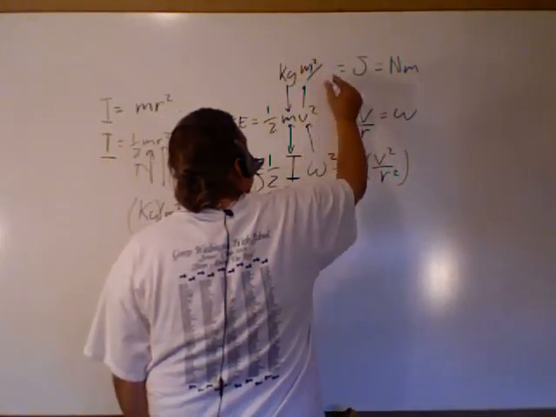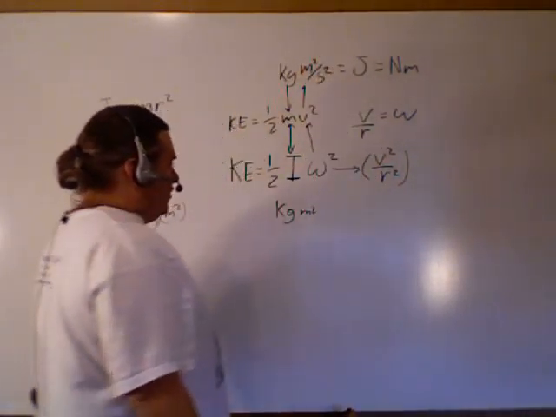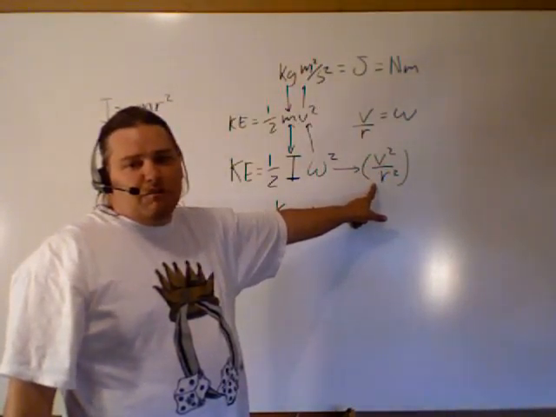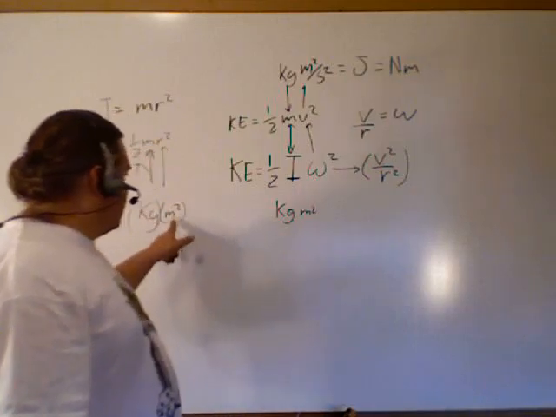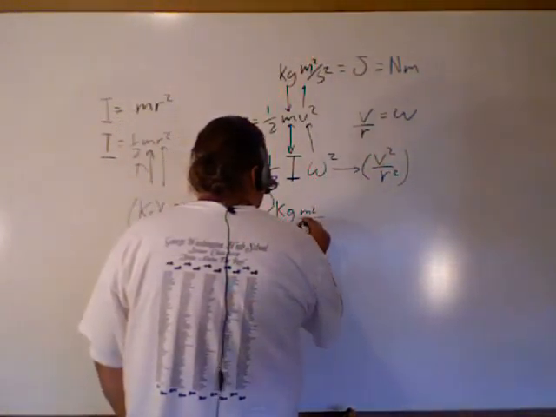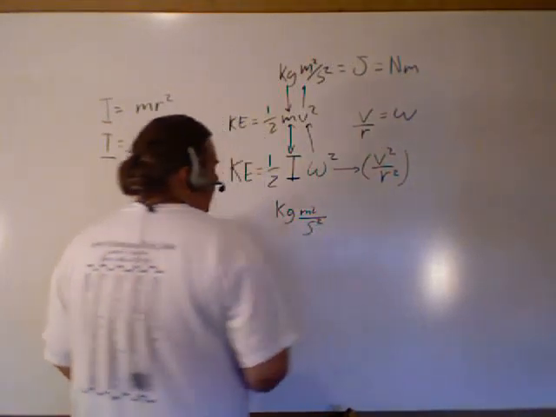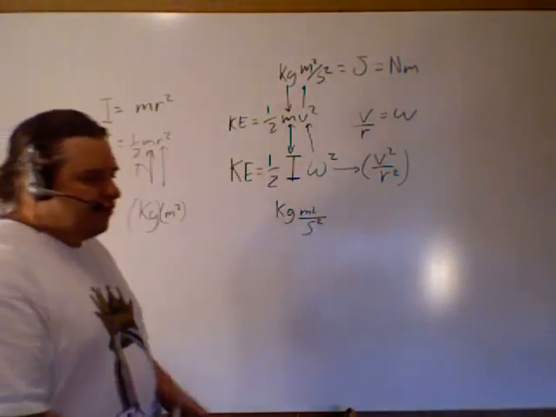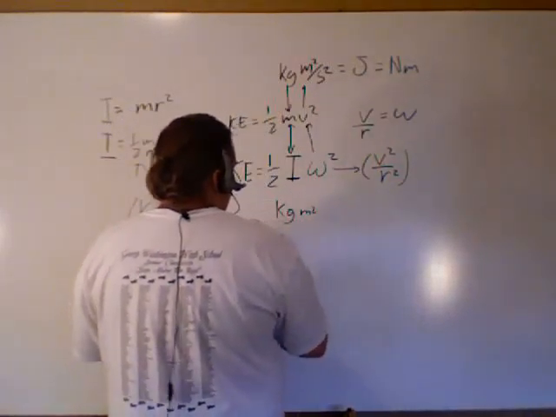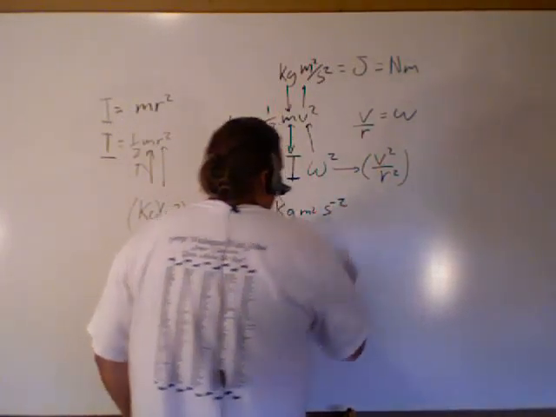Going to give you the units of velocity and additional units of meters, which are going to cancel out here. So it's going to give me the exact same units, kilograms meters squared per second squared. I guess the proper notation for that would be something like that.